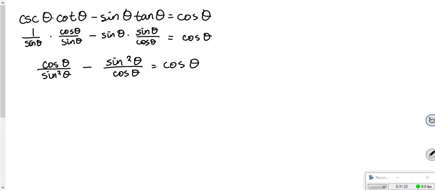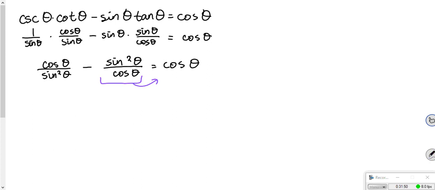Now, I looked at this for a little bit when I was solving it myself, and I'm trying to figure out, okay, what's the best approach here? I am going to move this second term over because I don't like the minus in front of it. And then I also want to get common denominators on the right-hand side, which will then give me a trig identity in the numerator, sine squared plus cosine squared, which is what I want.